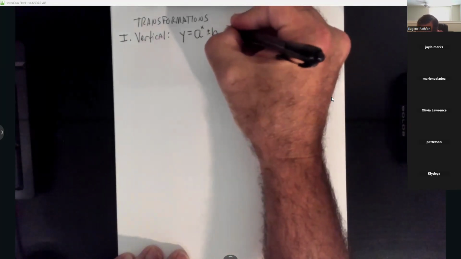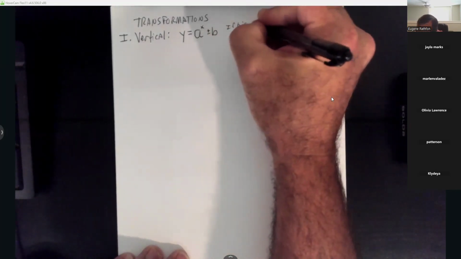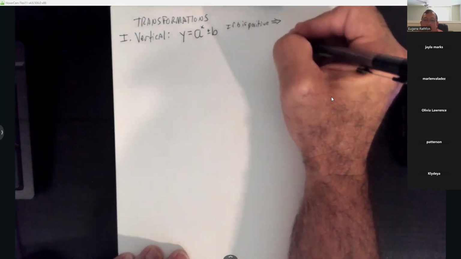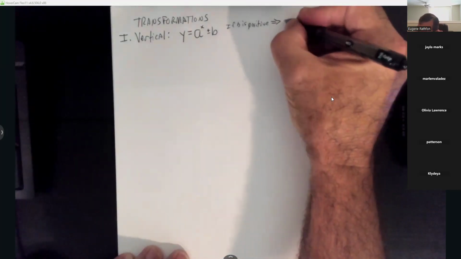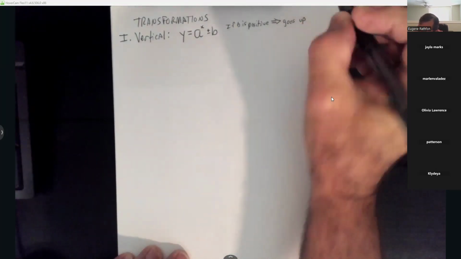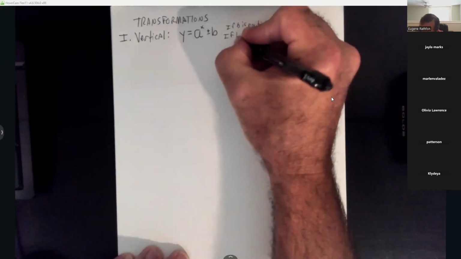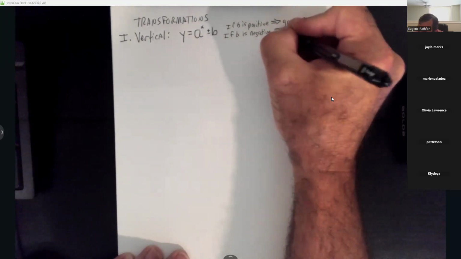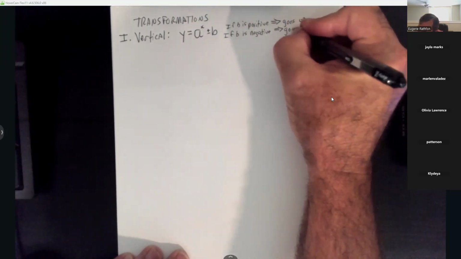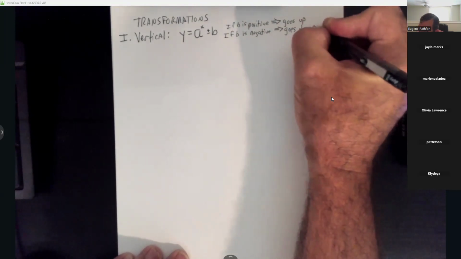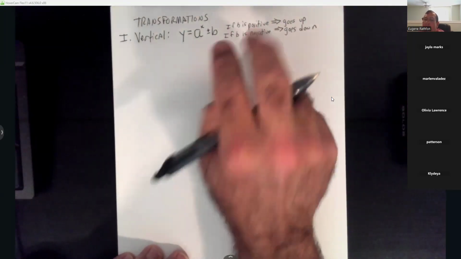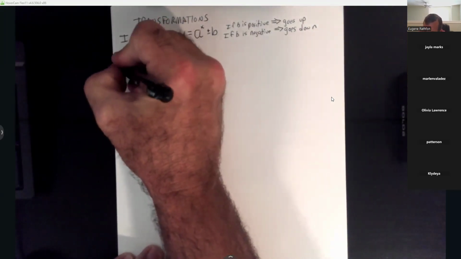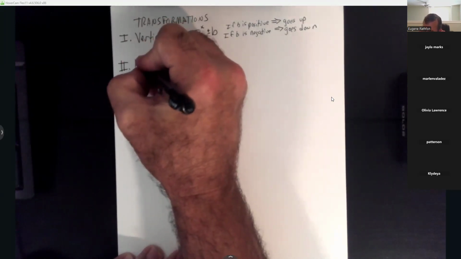If b is positive, then the graph is going to go up. If this b is negative, then the graph is going to go down. Same exact thing as in 7.2, okay? We had a horizontal shift.